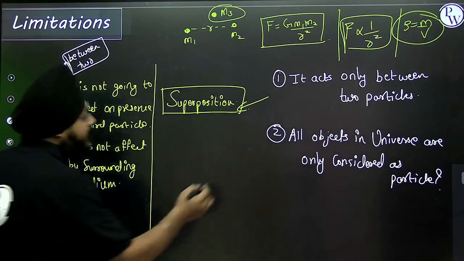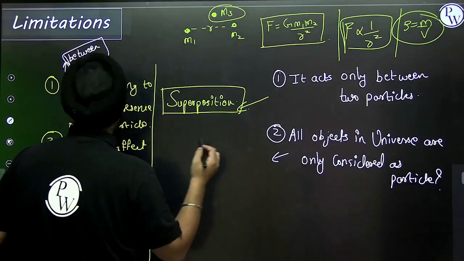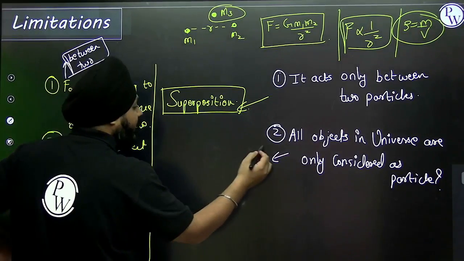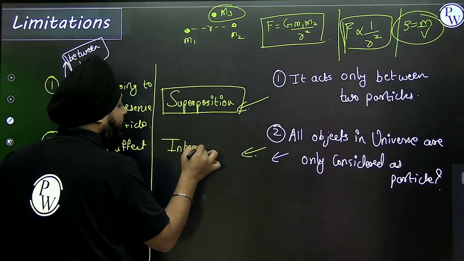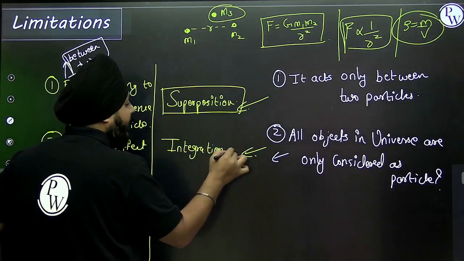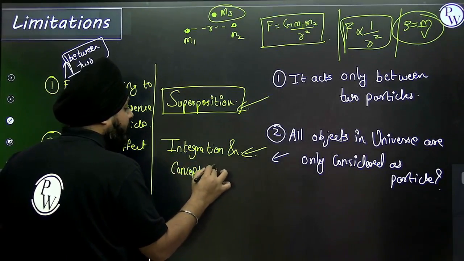Second limitation: all objects are present in the universe. The solution for this is integration and the concept of gravitational field.